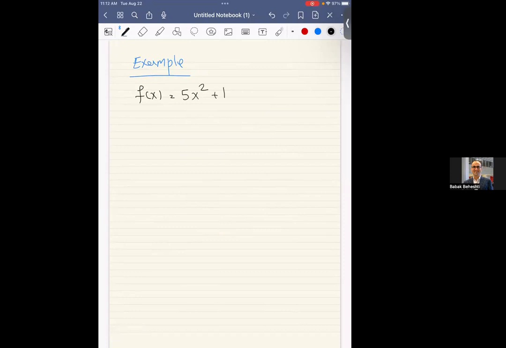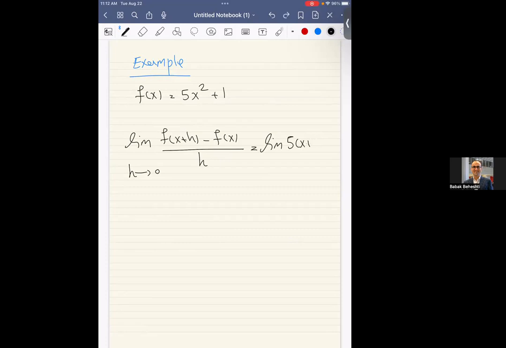So let's say that f of x is 5x squared plus 1. Now I want to find the instantaneous rate of change. What is the instantaneous rate of change? It's the limit of f of x plus h minus f of x over h as h goes to 0. So this is the limit of 5 times x plus h squared.